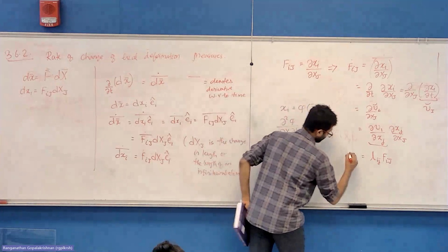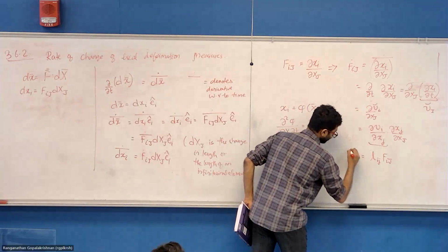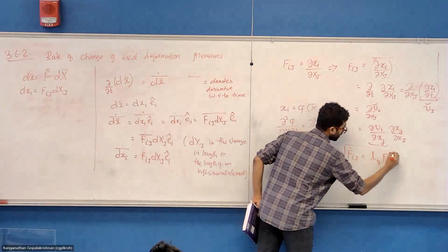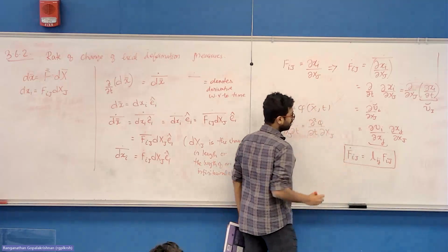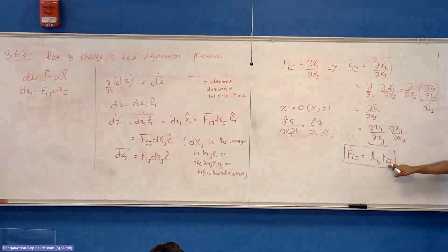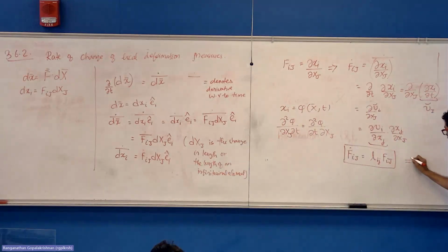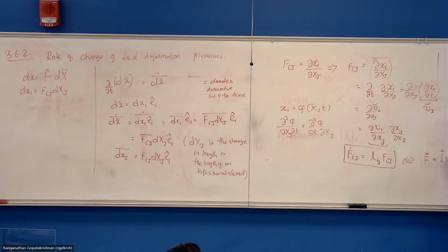So you have Fij dot is equal to Lik multiplied by Fkj, which is like writing the deformation tensor rate F dot is L dot F.